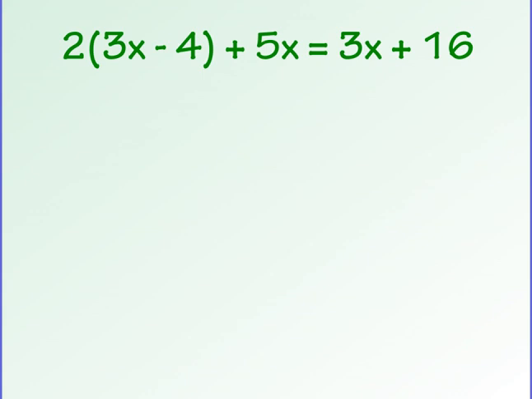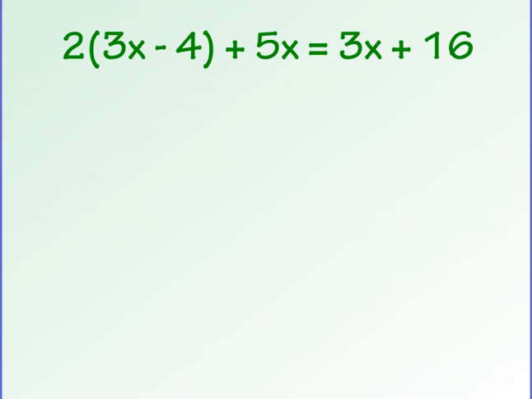And last but not least, this is an equation similar to what I showed you at the very beginning of the equations unit, where everyone flipped out and said there's no way we'll be able to solve this type of equation. But I'm going to show you how simple it is when we have our 5 steps.